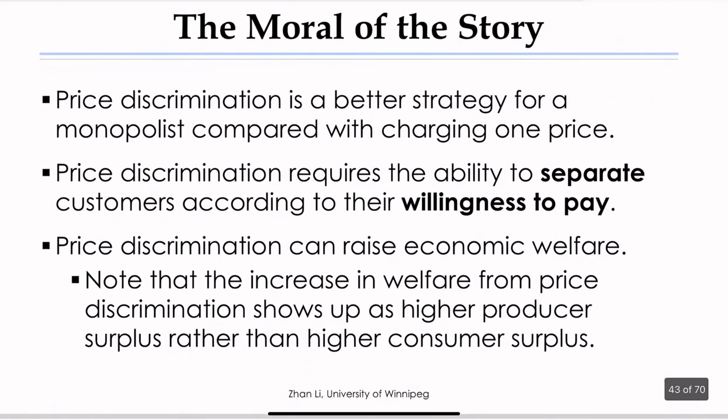Okay, so to summarize, from this example, you can see that price discrimination is a better strategy for a monopolist compared with charging one price. And to effectively implement price discrimination, it is important for the firm to have the ability to separate its customers according to their willingness to pay, right?